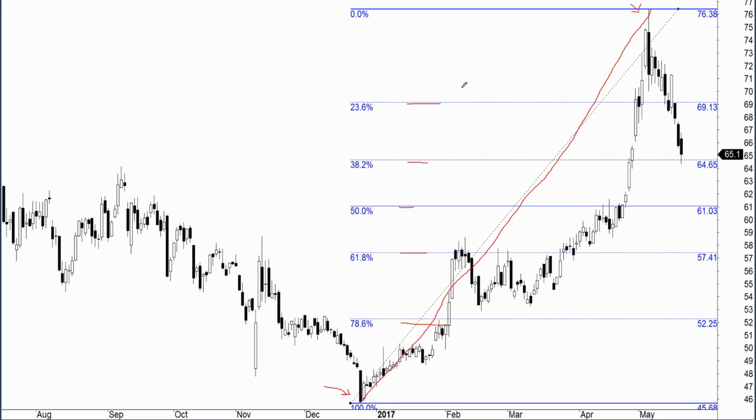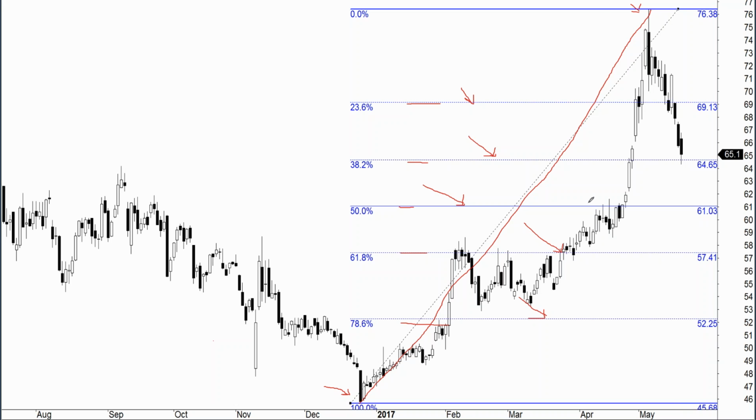This is the 23.6 percent of the whole move. This is 38.2% of the whole move. Then this level is the 50% of the whole move, this level is the 61.8%, and this level is the 78.6% of the whole move. So the whole move here is divided into some percentages.